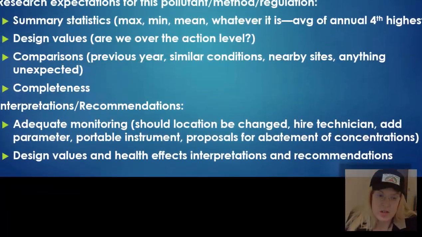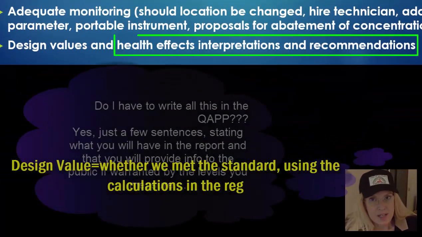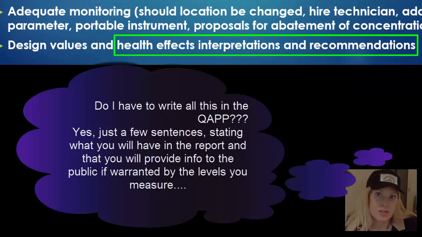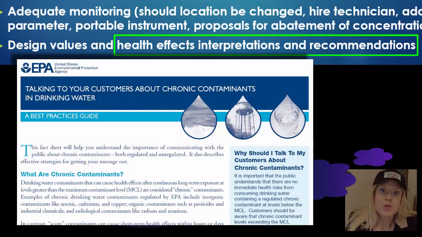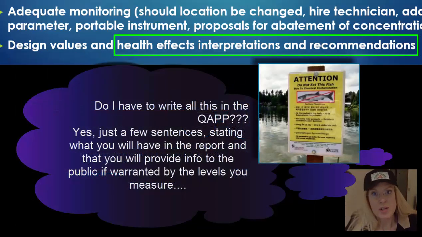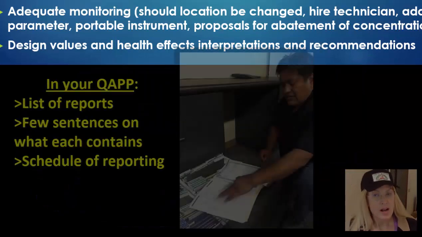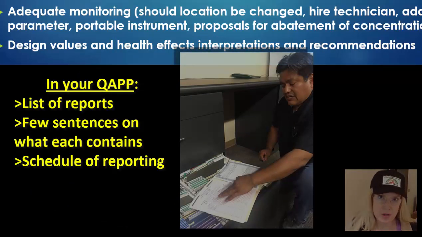Have we met the standard, and the implications of whether or not that standard has been exceeded in terms of recommendations. So again, if you are gathering data to compare against the standard, part of your reports are going to be what you're going to do with that data and conclusions based in general on the health effects of whatever it is you're monitoring for.